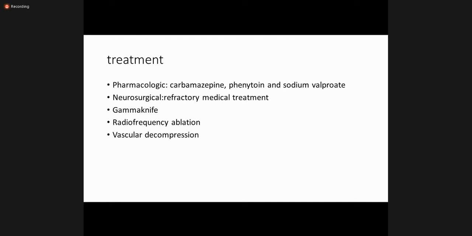But for those who are refractory to medical treatment, you need to go for neurosurgical options to treat the underlying cause: the gamma knife procedure, radiofrequency ablation of the stimulated nerve, or vascular decompression if there is a vascular malformation or some arterial loop found around the trigeminal nerve. So in this way, you can treat trigeminal neuralgia. I hope till here you can understand what I'm telling you.